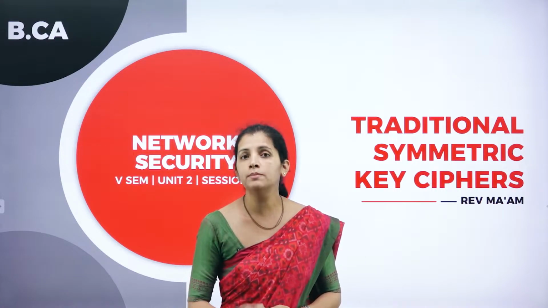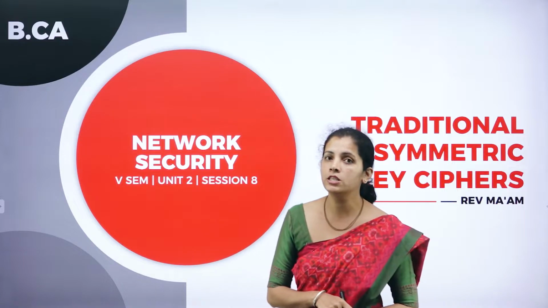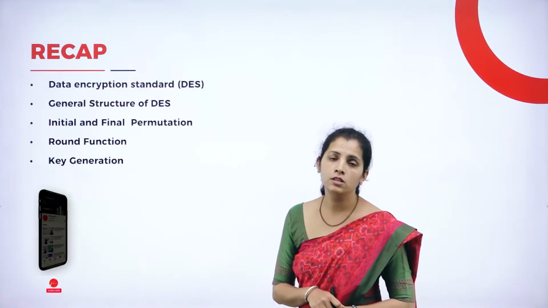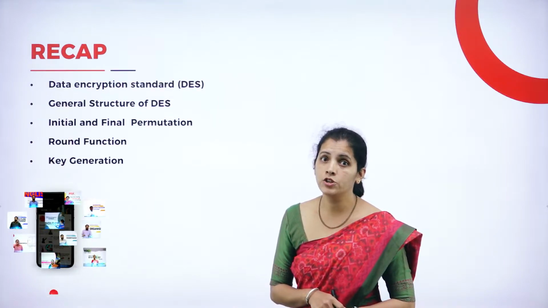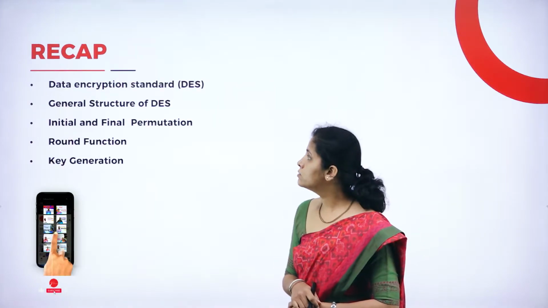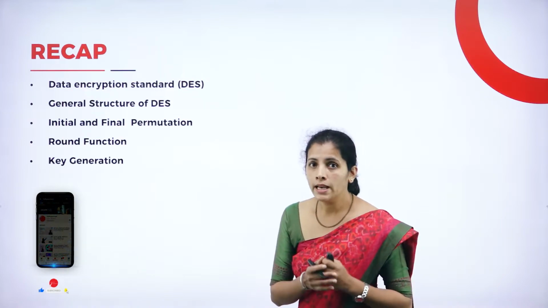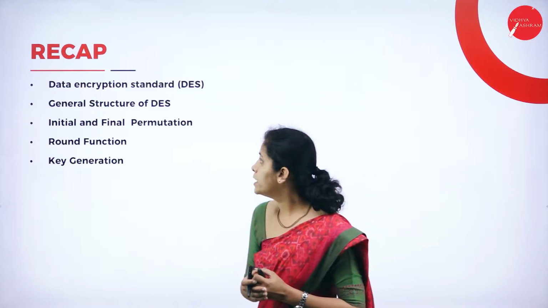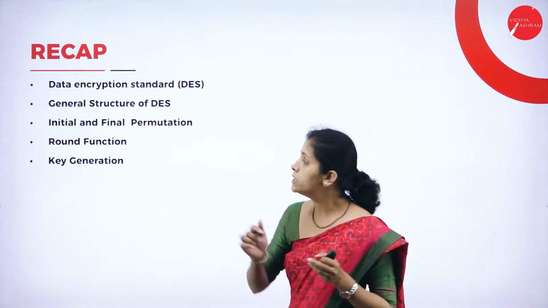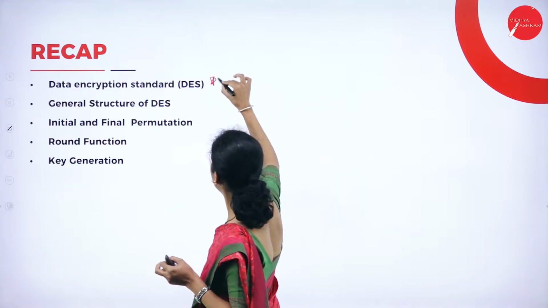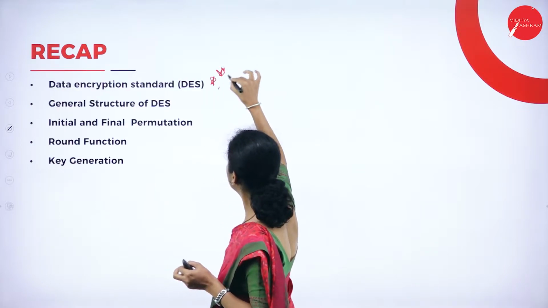So dear student, before going to start my today's session, let me recall what I have covered in my last session of this unit. In my last session, I started with Data Encryption Standard. It is very important from the examination point of view.